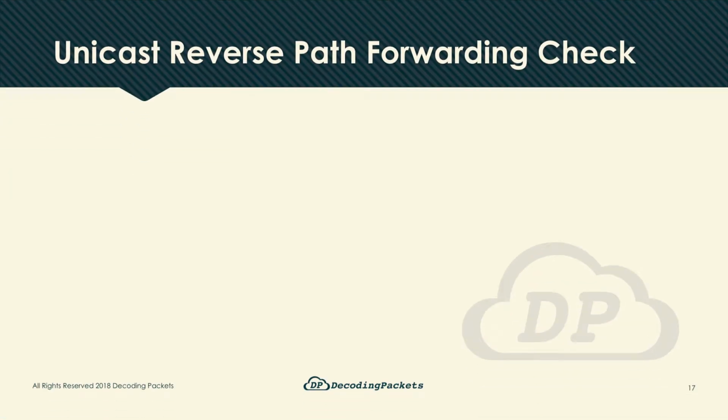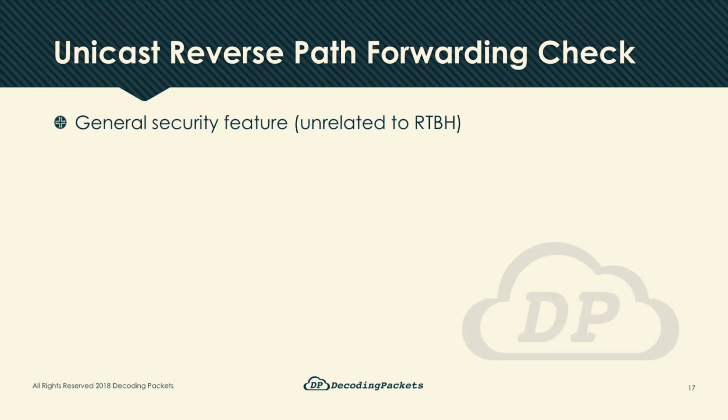Unicast Reverse Path Forwarding Check is a general security feature that is unrelated conceptually to RTBH and can be used in non-RTBH setups just as easily. The best short description of this feature, in my opinion, is in RFC 3704, and I quote, "Strict reverse path forwarding, strict RPF, is a simple way to implement an ingress filter.